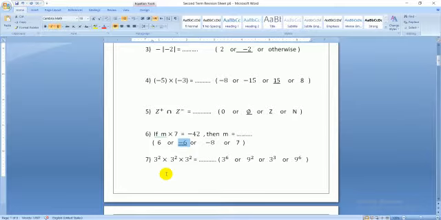So the answer will be 3 power 2 plus 2 plus 2. 2 plus 2 plus 2 equals 6. So the answer will be 3 power 6.